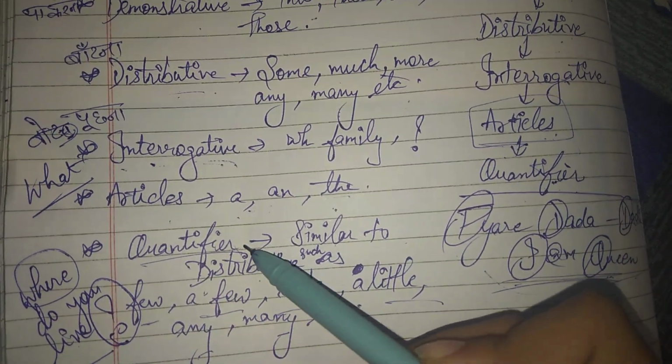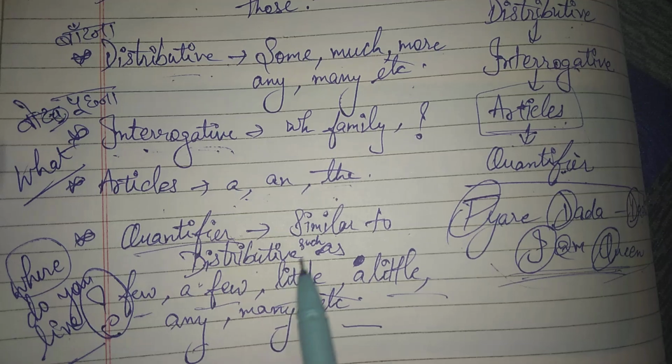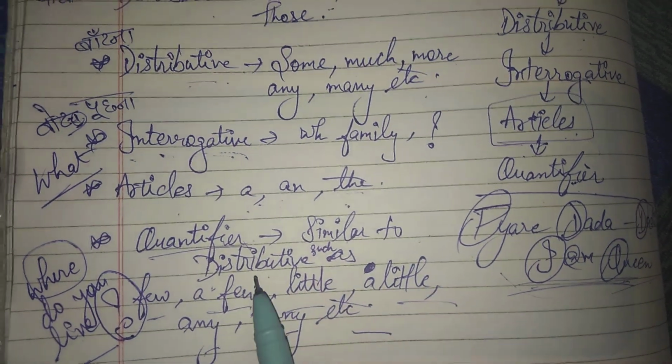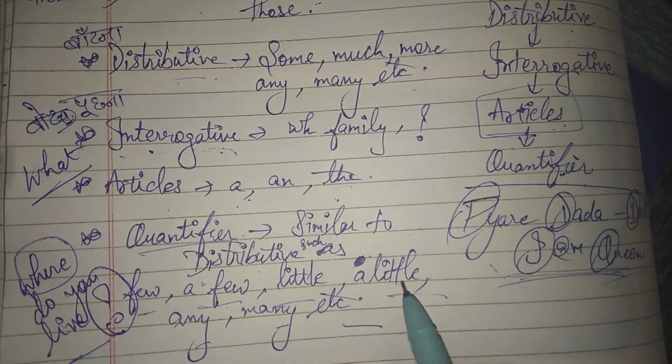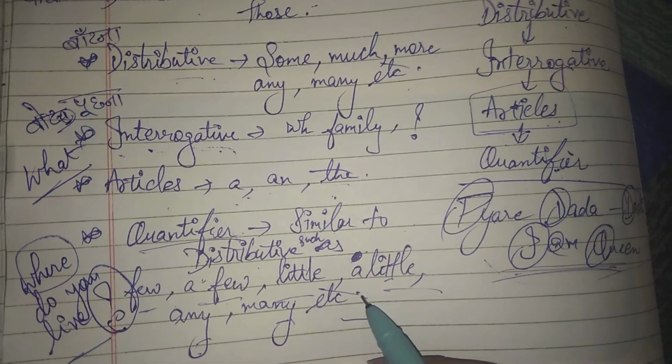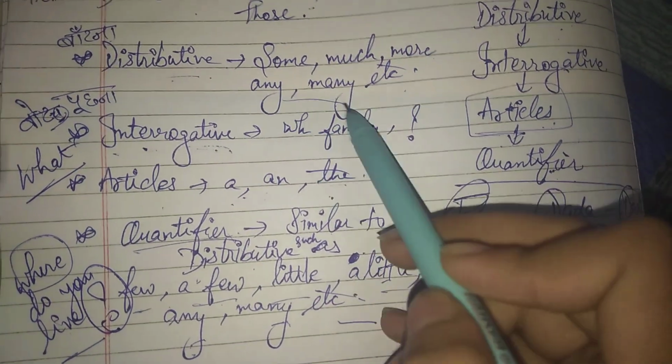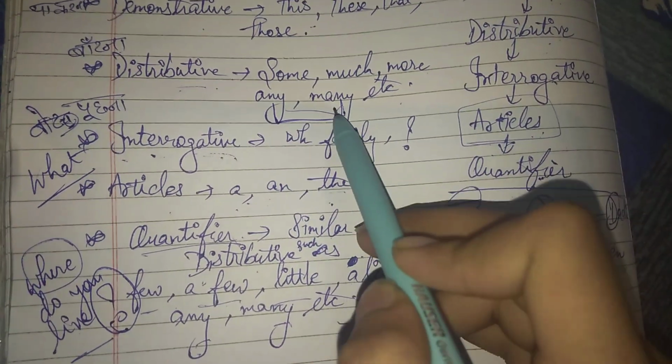One is this and one is distributive. As I have written here, similar to distributive, such as few, a few, little, a little, any, many, etc. As these words are also included in this. Understood?